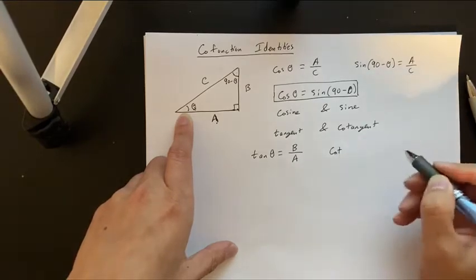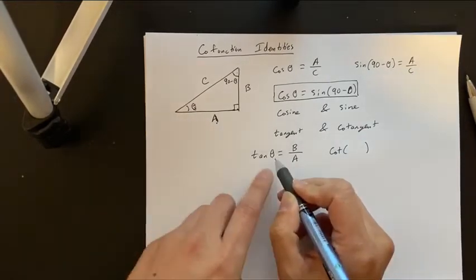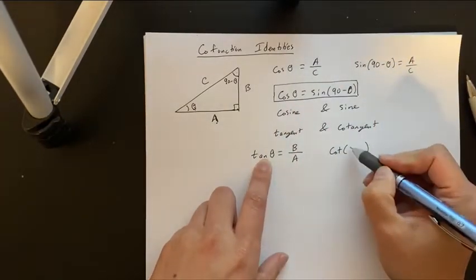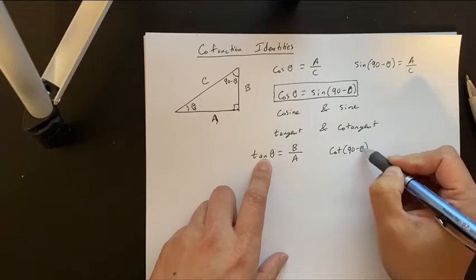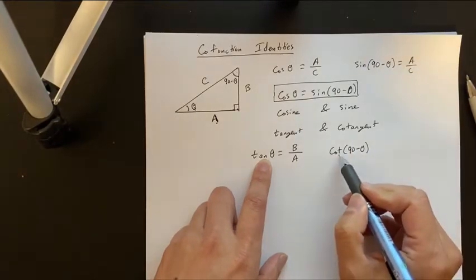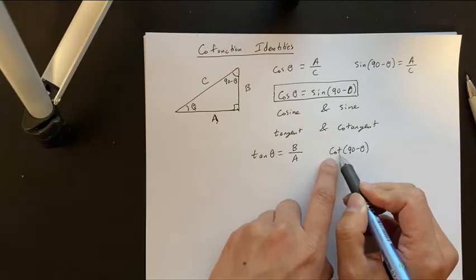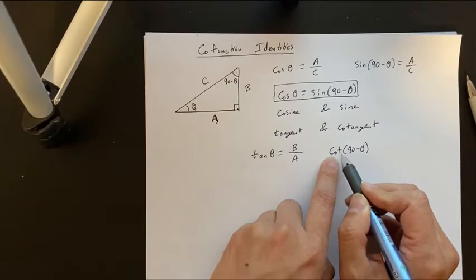And I'm going to take cotangent of the complementary angle, not theta, but 90 minus theta. So what is cotangent? Cotangent is not opposite over adjacent. Cotangent is actually adjacent over opposite.